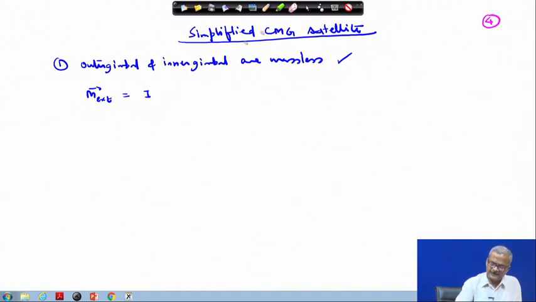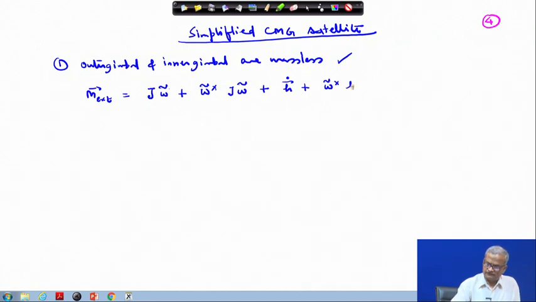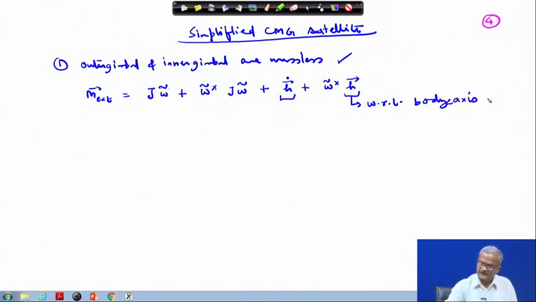M external equal to J times, where J is the angular momentum, the moment of inertia of the whole body. This h is with respect to the body axis system, which we derived earlier.